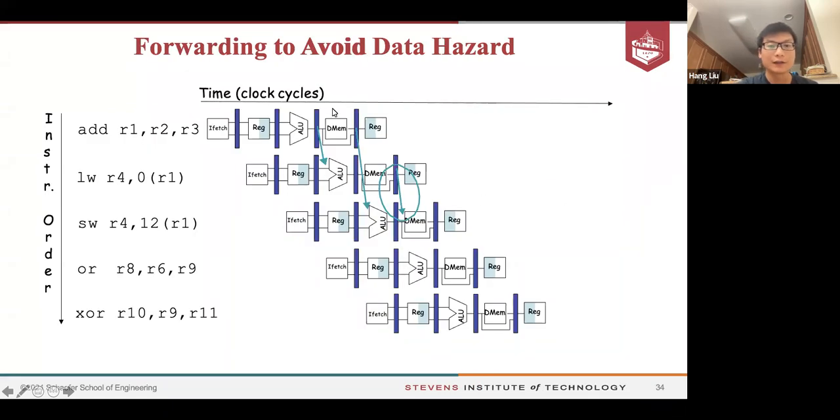So that's why, for instance, the second instruction relies on the output of R1, so we do that here. And the third instruction is also relying on R1, so we do it here.